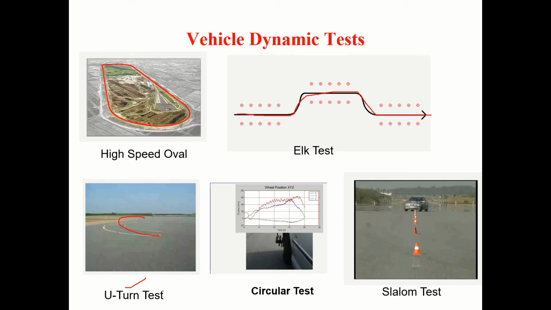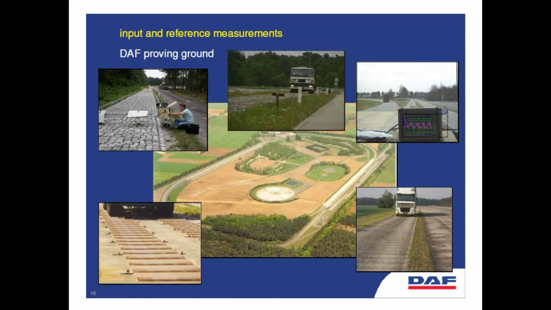Then you can do circular tests. Then the slalom test, you can do like this. The football player practices the same way. You can do endurance tests by running your vehicle on all these kinds of rough roads.